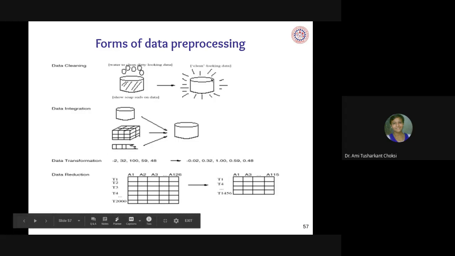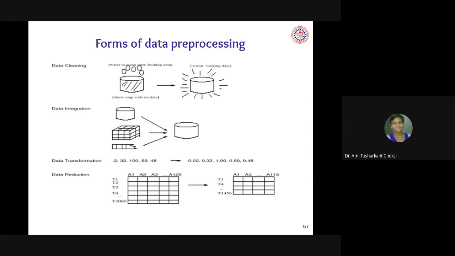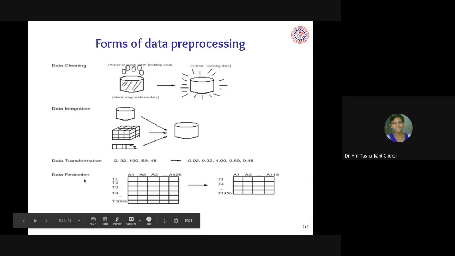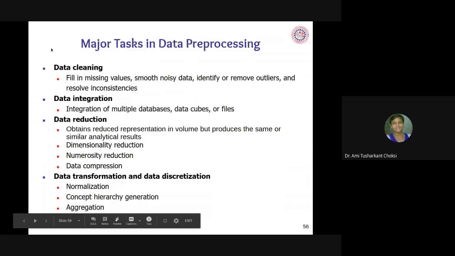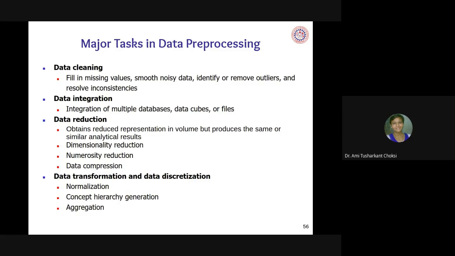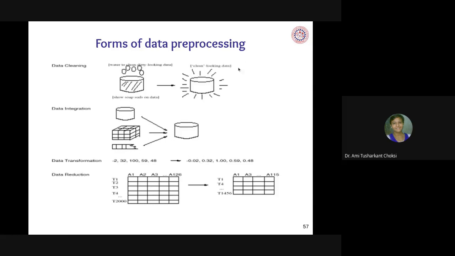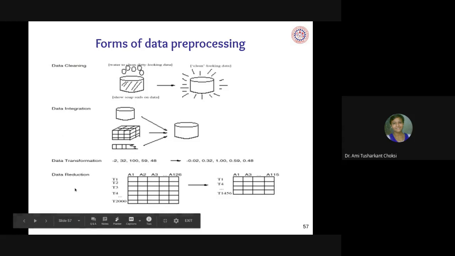So, forms of data pre-processing. Now see, we have already seen that we need to have data cleaning, data integration, data transformation, data reduction as the major tasks in pre-processing. So why should we make these figures?